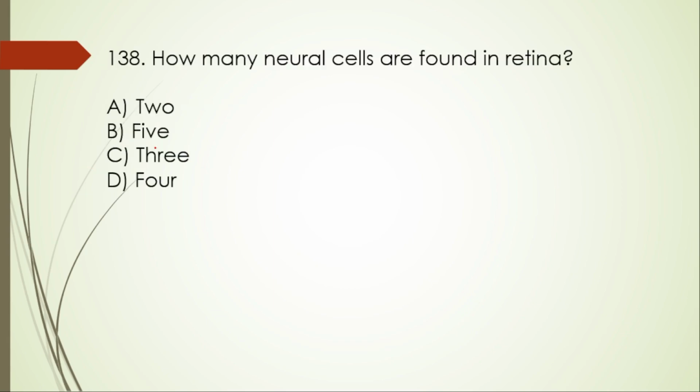Next, 138. How many neural cells are found in retina? 2, 5, 3, 4. The option B is right, 5. It is having 5 neural cells: photoreceptor, bipolar cells, ganglion cells, horizontal cells and amacrine cells. Okay?